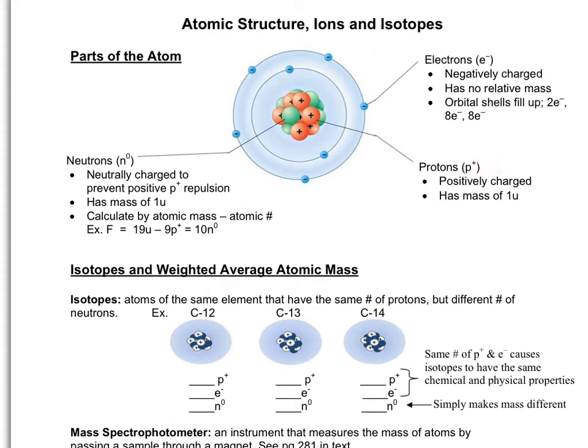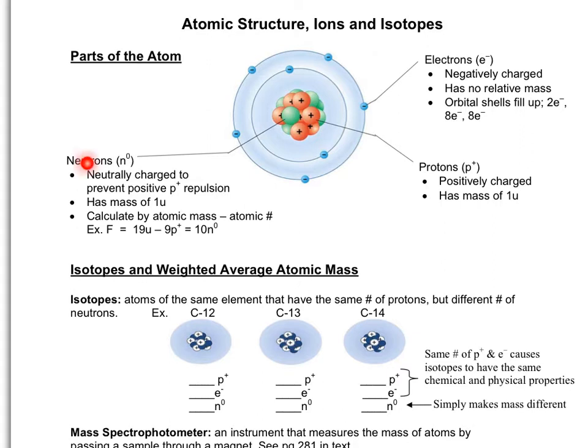Protons have a 1 plus positive charge and have a mass of 1 atomic mass unit. Atomic mass units are represented by the symbol U. Protons are found in the nucleus of an atom, and you can determine how many each element has by looking at the atomic number on the periodic table.